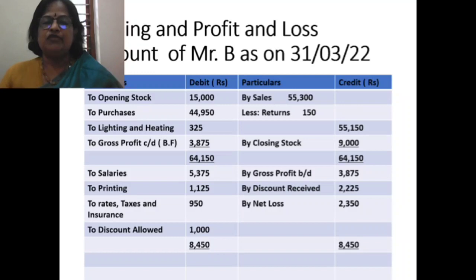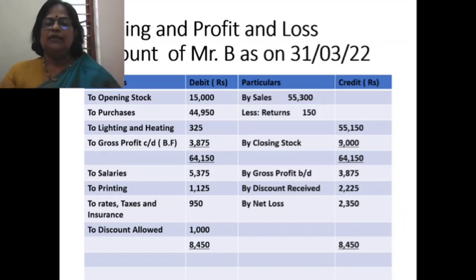So trading and profit and loss account of Mr. B as on 31/3/22: to opening stock 15,000, to purchases 44,950, lighting and heating, direct expenditure, 325. Now credit side, by sales 55,300 less sales returns 150. So outer column 55,150, by closing stock 9,000.